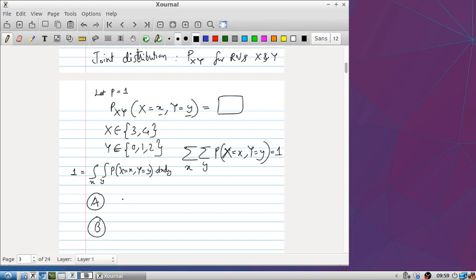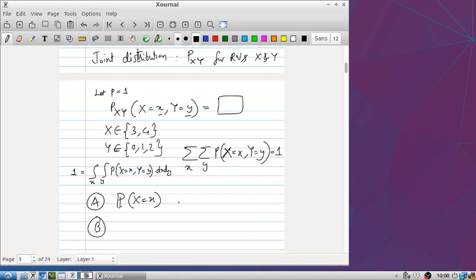So first thing is, what is the probability of x is equal to, let's say, little x? All I'm saying is I want to find the probability that x is equal to x when I have been given this joint density function.